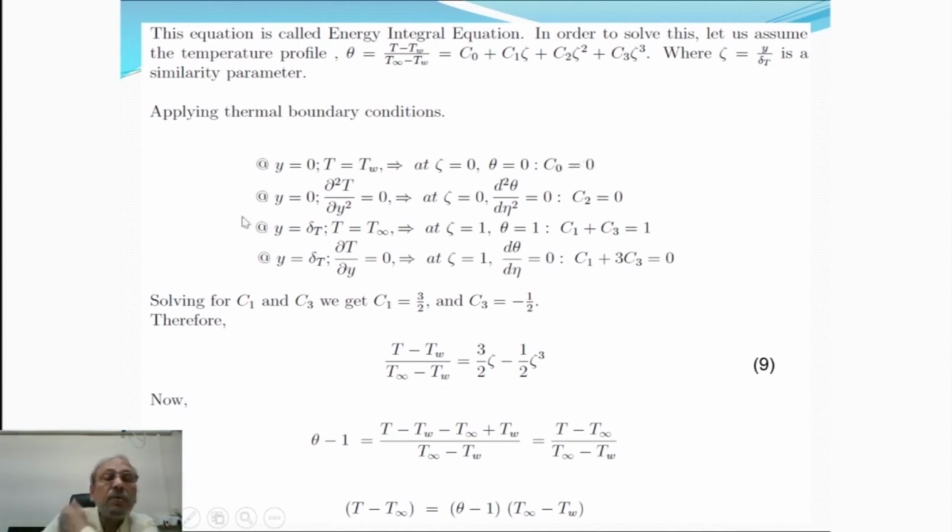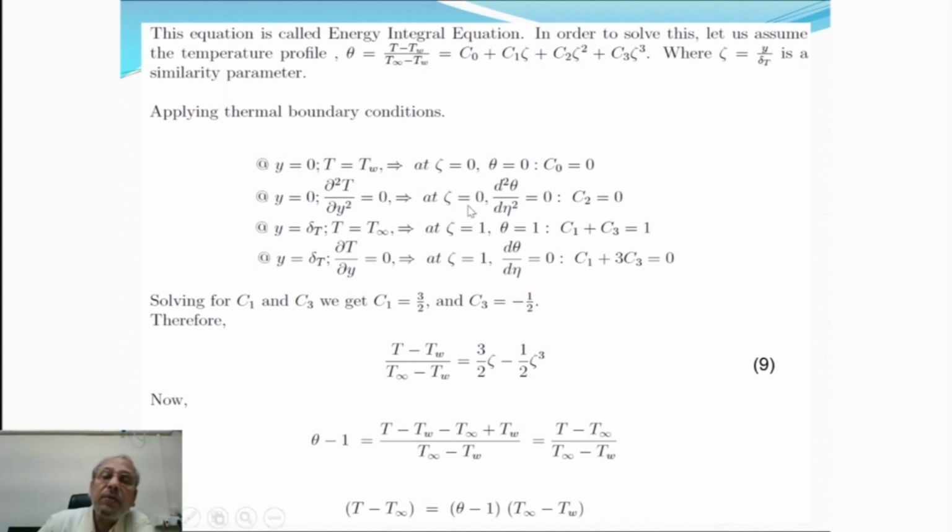Then at y equal to 0, del 2T del y2 equal to 0. This is again from the governing equation: u del T del x plus v del T del y equal to k by rho cp del 2T del y2. Since u and v on the plate are 0, at y equal to 0 we can write del 2T del y2 equal to 0.